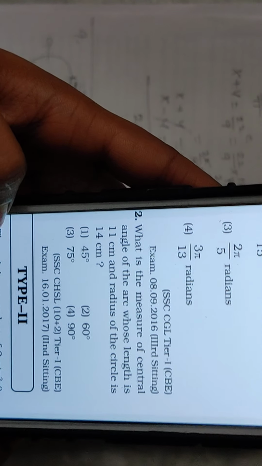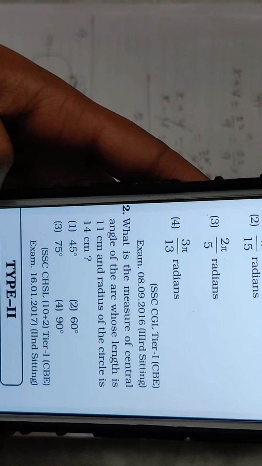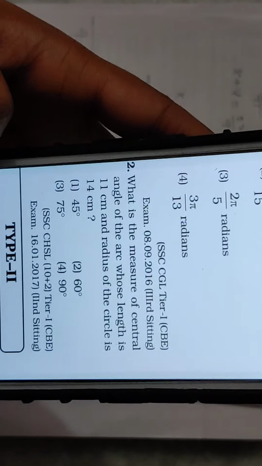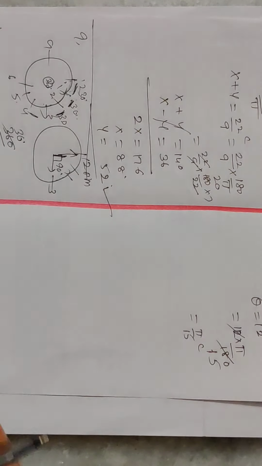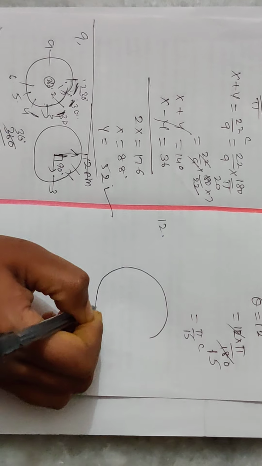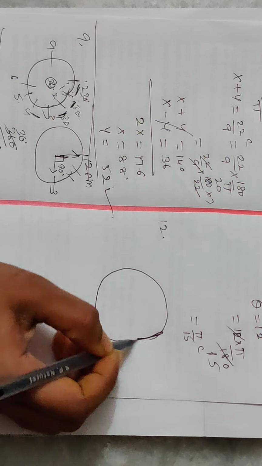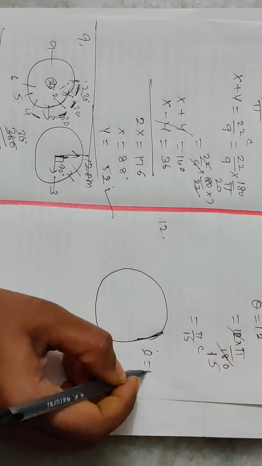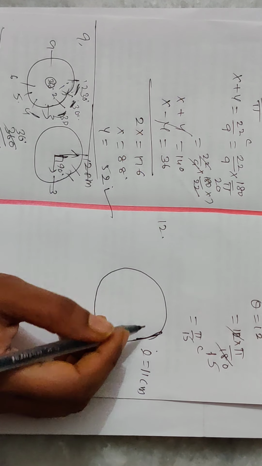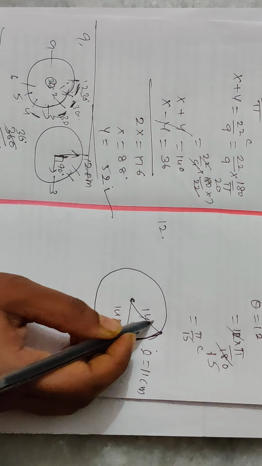Going to the next question. What is the measure of the central angle of the arc whose length is 11 centimeters and the radius of the circle is 14 centimeters? So draw a circle. The length of the arc is given as 11 centimeters. The radius of the circle is 14 centimeters.